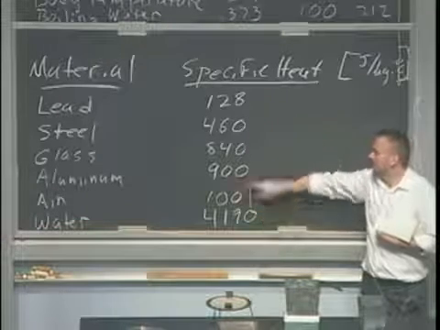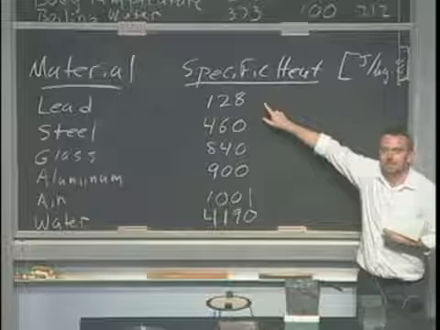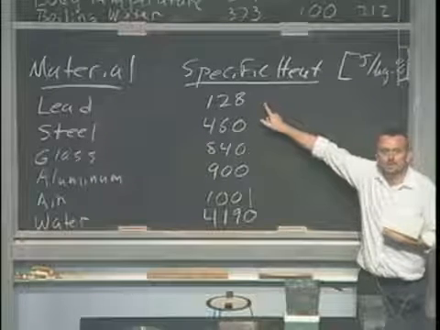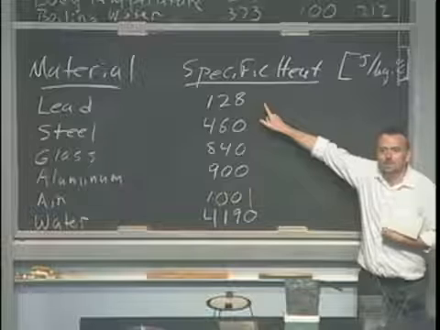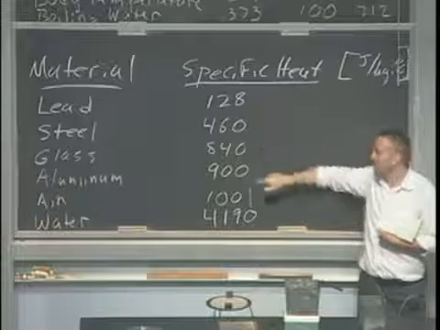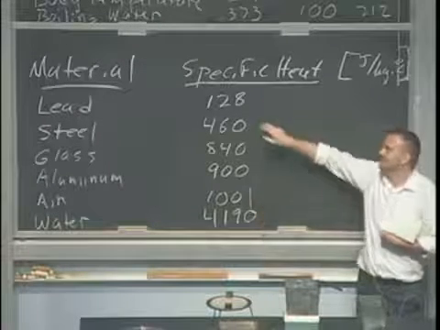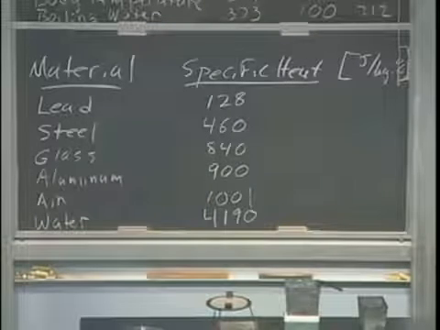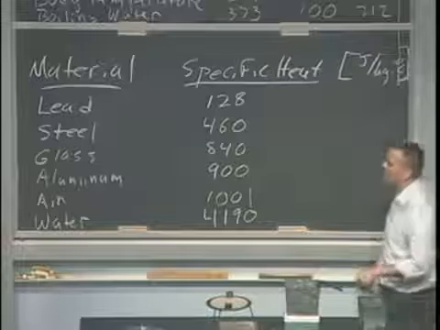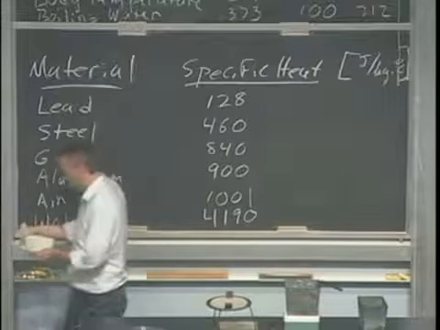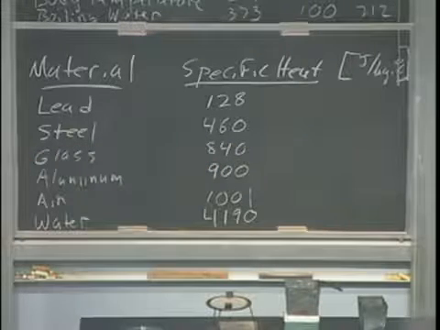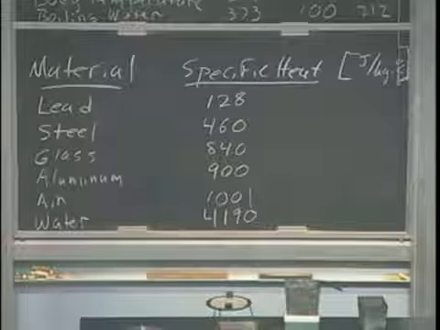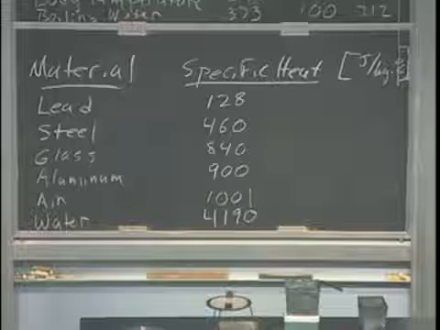But the lead ball is going to heat up very quickly, or it doesn't take very much energy in order to heat that up because it has such a small specific heat, which means that the final temperature is going to be a lot closer to the hotter water than it is to the smaller lead ball, if that makes sense. So when you bring two objects together, there's going to be a heat flow between them, and their final temperature will depend on those specific heats of the materials.